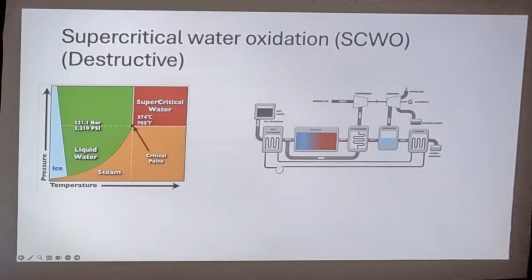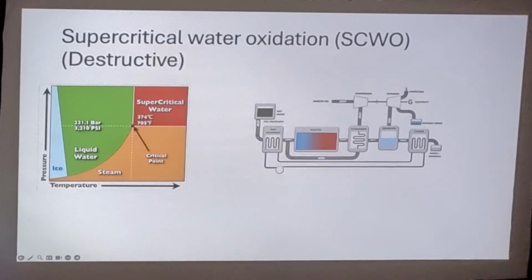Supercritical water oxidation, there are three commercial companies doing this right now. Works great. So supercritical water is about 350 degrees centigrade, 700 degrees Fahrenheit, at about 22 bar or 35 atmospheres, and you can make supercritical water.